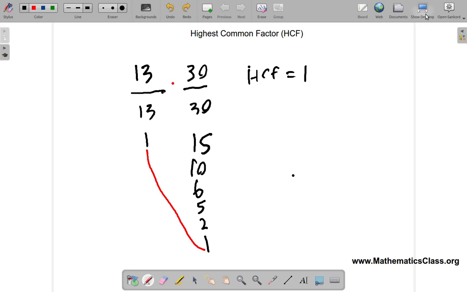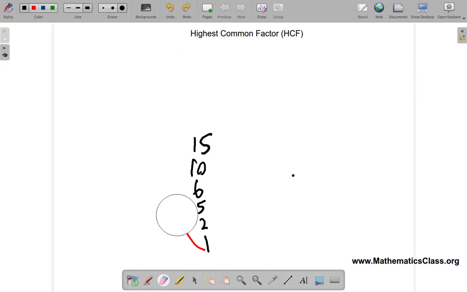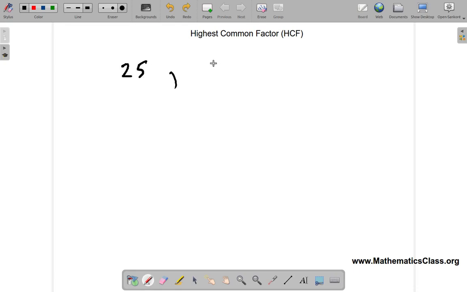Let's look at one more. Now, I want the highest common factor of 25, 50, and 100.